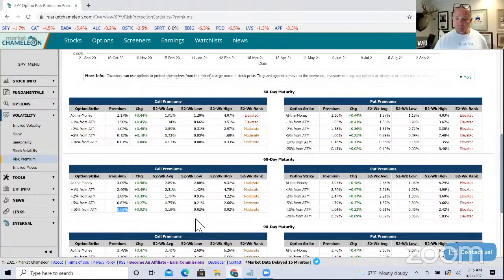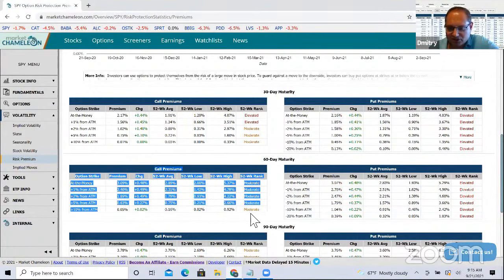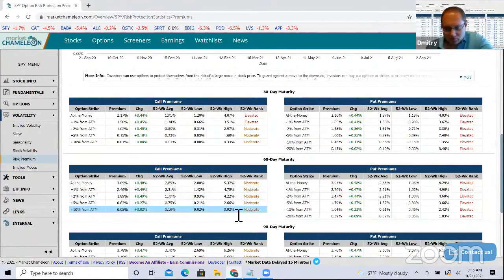Okay. So remember, this is what we're going to look at. 2 months out, 10%, 10%. Now when we look at it, remember, these are benchmarks. So this isn't going to be exact because you don't always have exact 60 days to maturity, and you don't always have exact 10% and 10%.